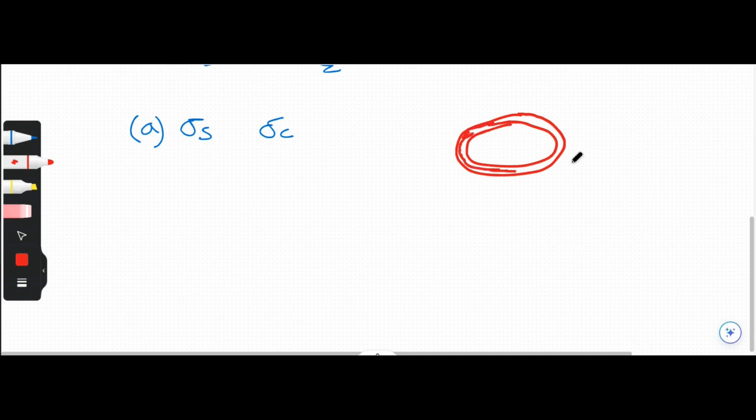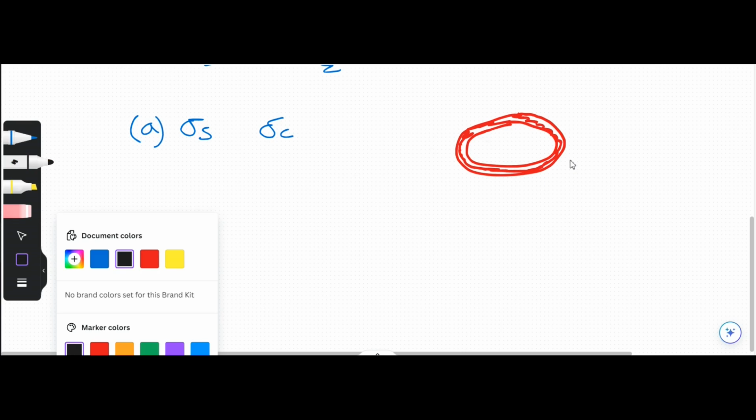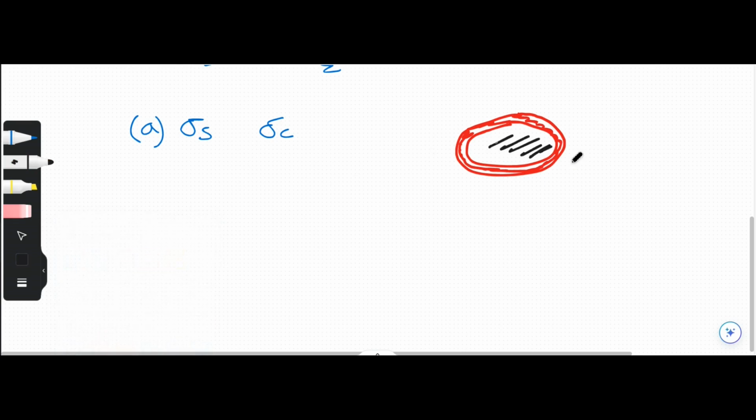That's the steel which we've got to find the stress in. And then it's filled with concrete. That's the concrete. So we've got to find the stress in the steel and the stress in the concrete.